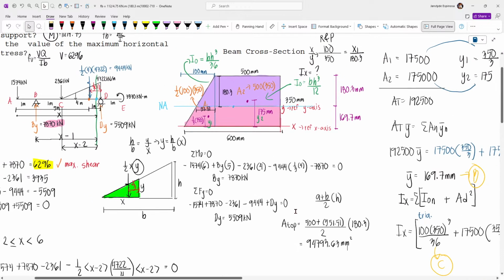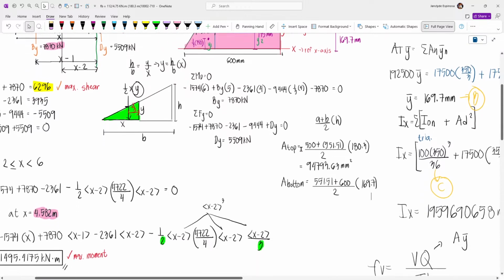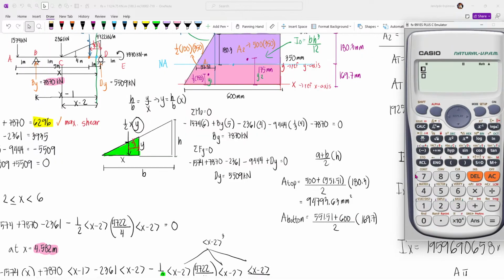For the bottom area, the parallel sides are the same 500 plus 51.51, so 551.51, plus the 600 at the bottom, divided by 2, and the perpendicular dimension is 169.7. Let's see the result: (551.51 plus 600) over 2 times 169.7.